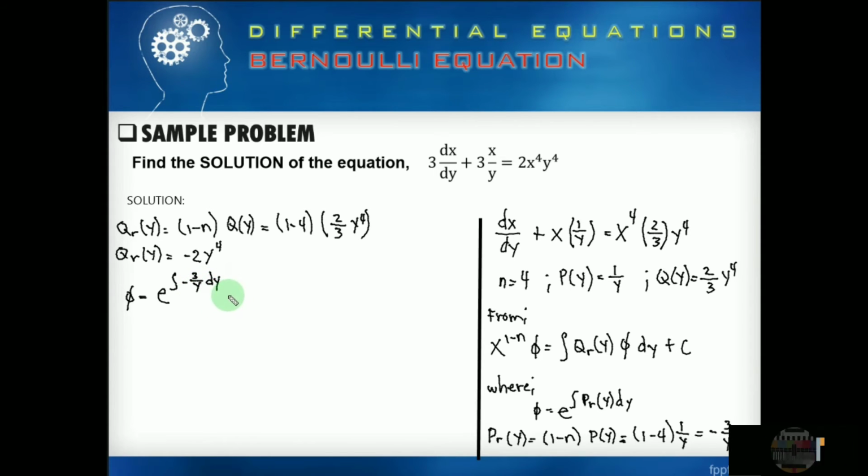Okay, so ipalabas natin yung constant, so this is negative 3, integral of dy over y na lang siya, okay? So simplifying more, so ito ay magiging negative 3, yung integral of dy over y natin is ln y. So i-drop natin yung constant pag kina-calculate natin itong integrating factor, so magiging ln of your y na lang siya dito, okay?